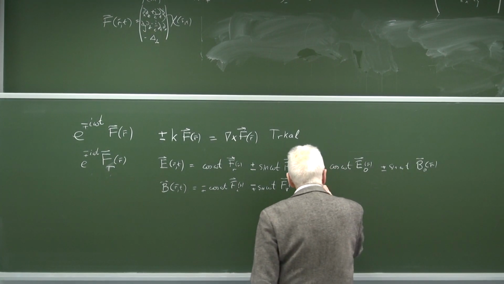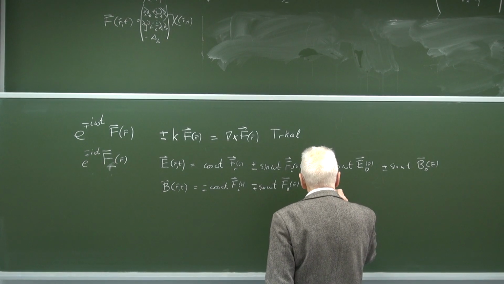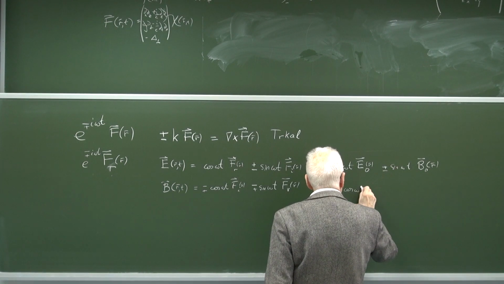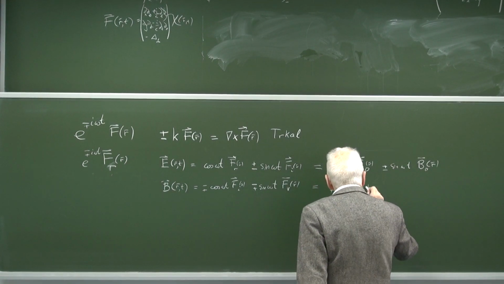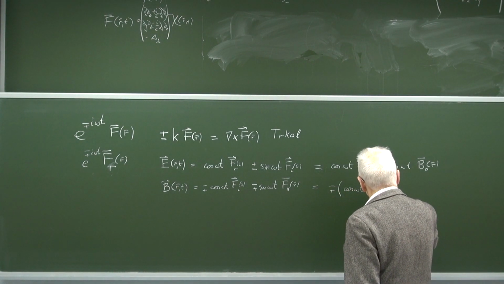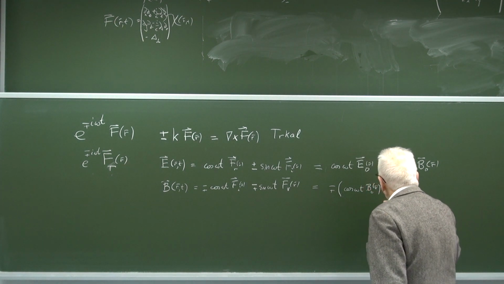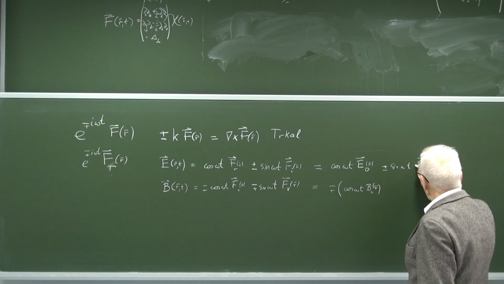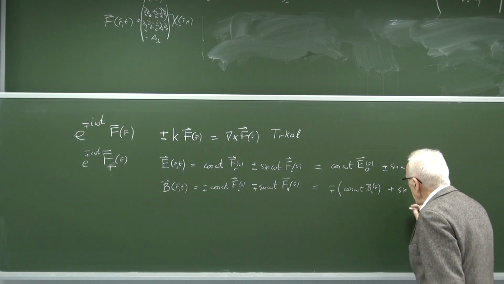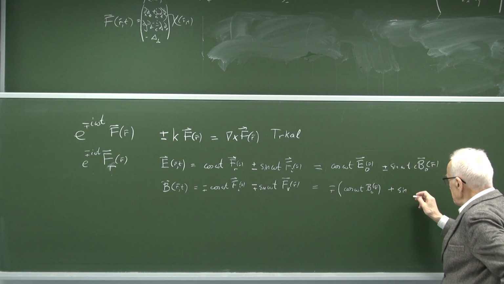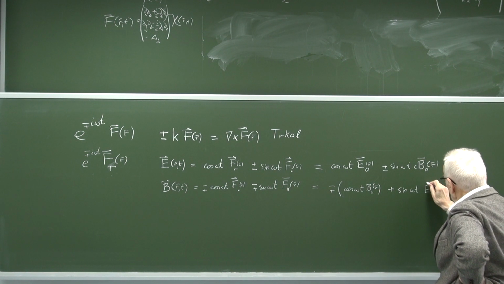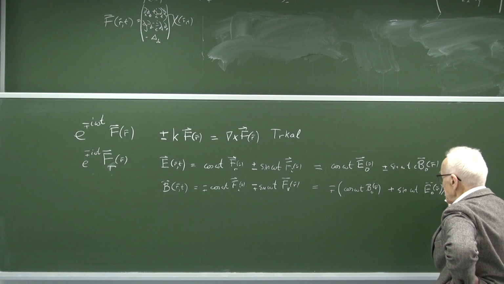And here the second formula is minus plus altogether cosine omega t B of 0 and r. Of course, something must be fixed here. This must be multiplied by c, and this should be divided by c to make the dimensions match. So it's sine omega t E0 of r divided by c.